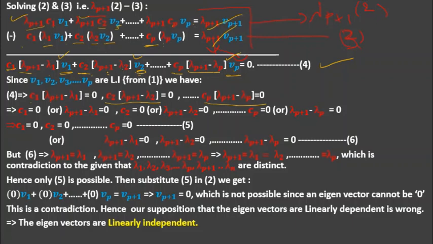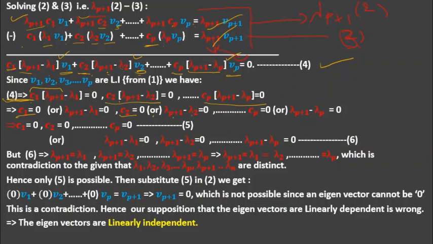Now if you observe in this equation, where I am highlighting, you have a product of two terms. One is C1, the other one is lambda p plus 1 minus lambda 1. The product of two terms is 0 means either one of the terms must be 0. Implies C1 is equal to 0 or lambda p plus 1 minus lambda 1 is 0. Similarly, from the second, C2 is equal to 0 or lambda p plus 1 minus lambda 2 is equal to 0.